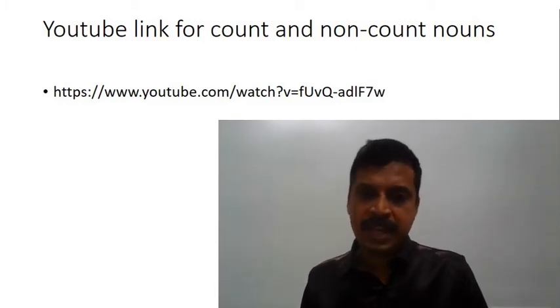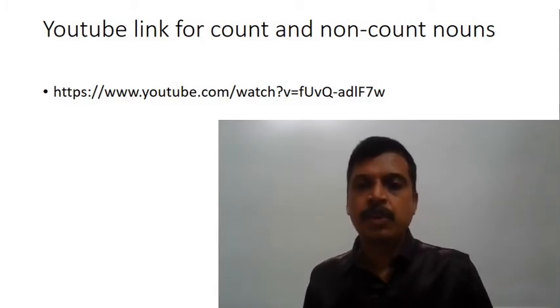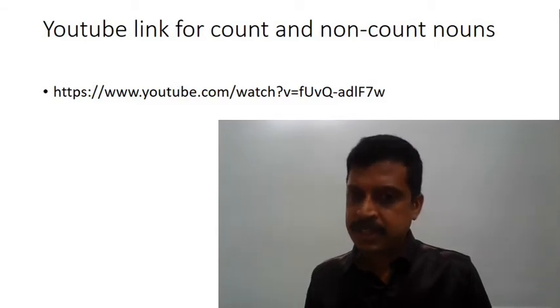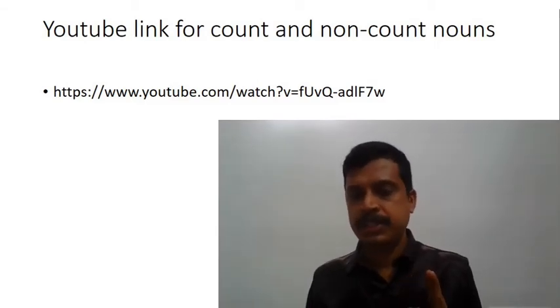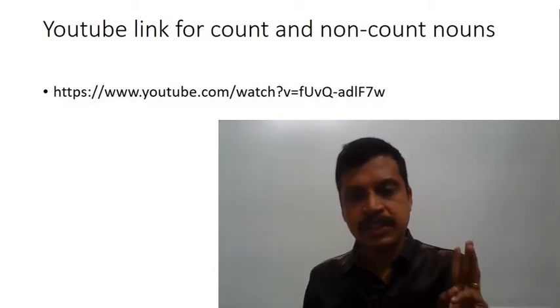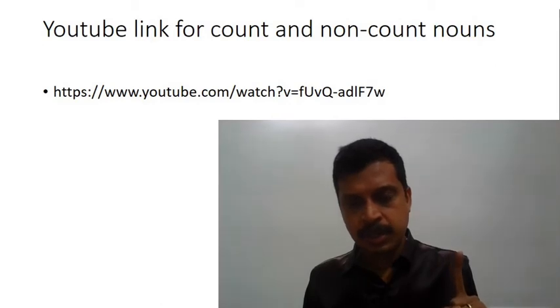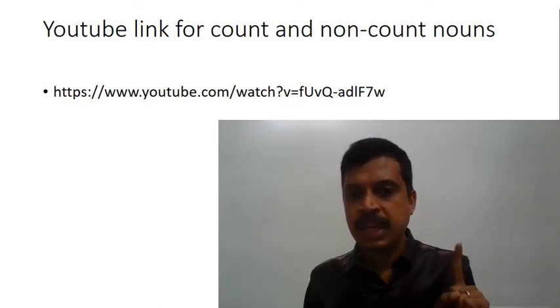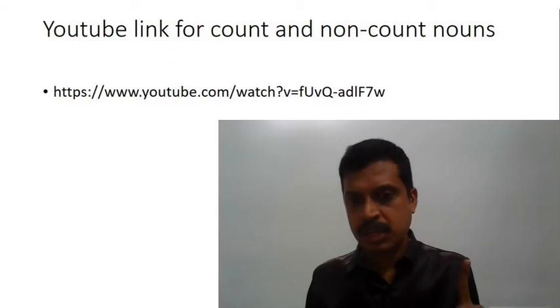Suppose he got pencil. So he would read out pencil. He has to do three things. First, he has to read out the object. He has to say whether it is a count or non-count noun.